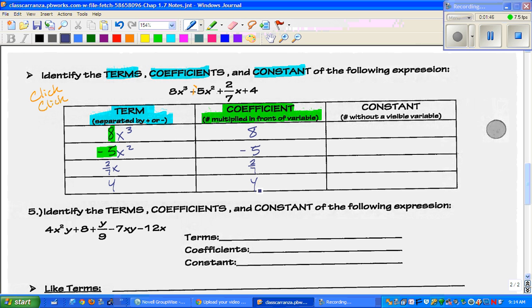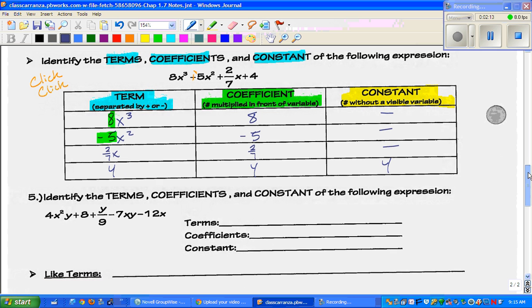Coefficient, okay? Now, the last thing we need to go over is a constant. A constant is a number without a visible variable. Well, the first three all have variables in them, so we don't have to worry about those. So our constant is that last term.